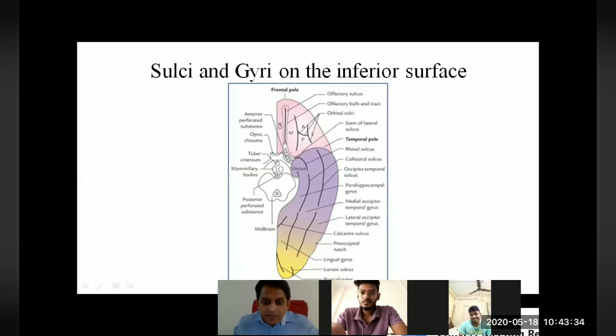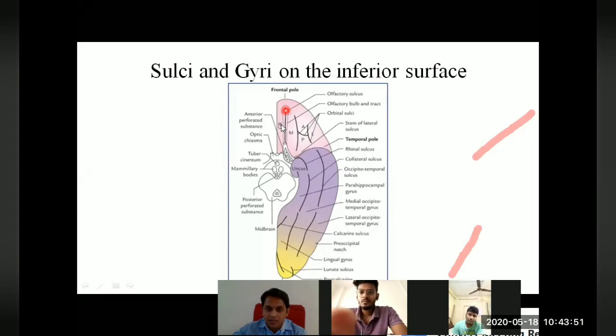So we have done with the sulci and the gyri on the superolateral surface and on the medial surface. Let us continue with the sulci and the gyri on the inferior surface. And as you know, the inferior surface is divided into two parts as the orbital surface and the tentorial surface.